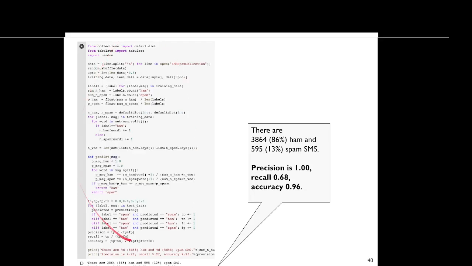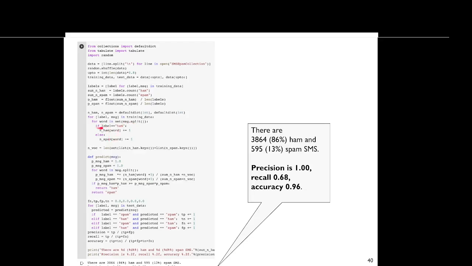So this implements the full spam classifier using the Bayes rule. And let's quickly go through this, explain a couple of lines. So we prepare our data here, we shuffle it, we break it down into training and test data, and we do so with a ratio of 80% training, 20% test. We extract the labels, we compute the probabilities of ham versus spam, and then we do the individual probabilities for all of the words after splitting all of the messages in ham or in spam.